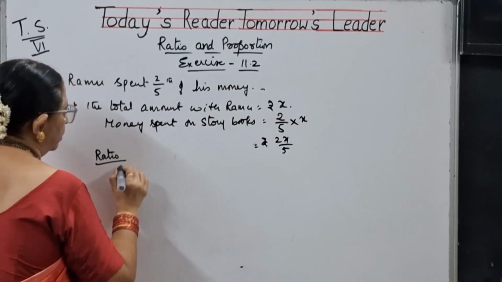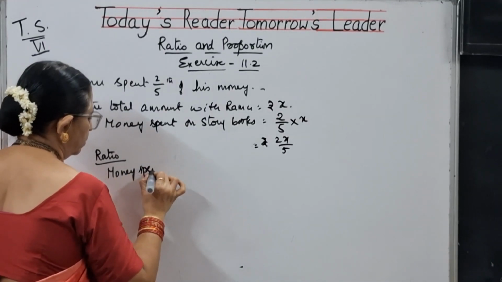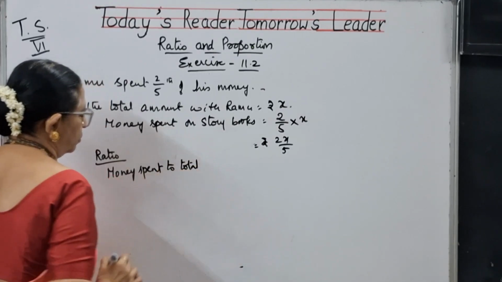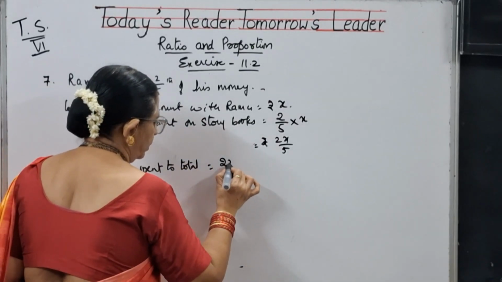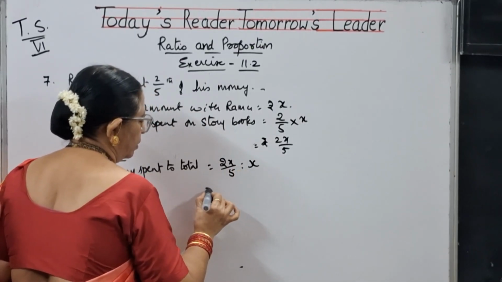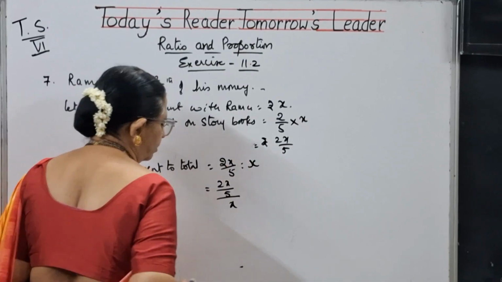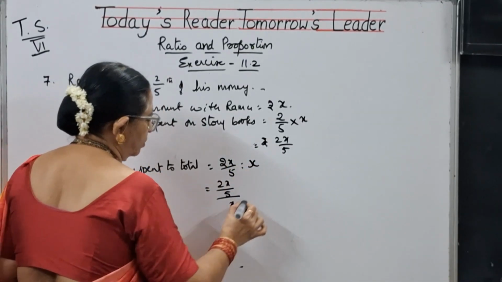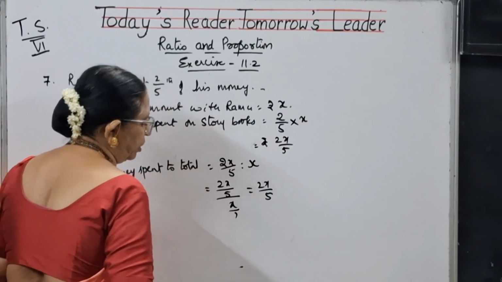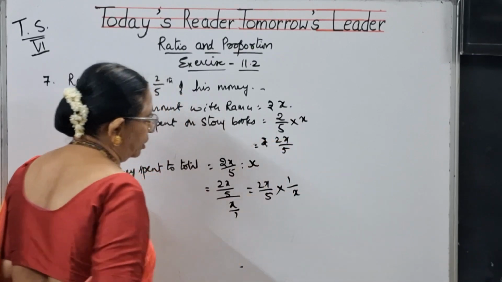So, what is the ratio? Ratio we need to find for money spent to total you have to do. Money spent is 2x by 5 to total is x. So how will you write this, children? 2x by 5 divided by x. So this can be written as 2x by 5. x means x by 1, division becomes multiplication and reciprocal you have to write.